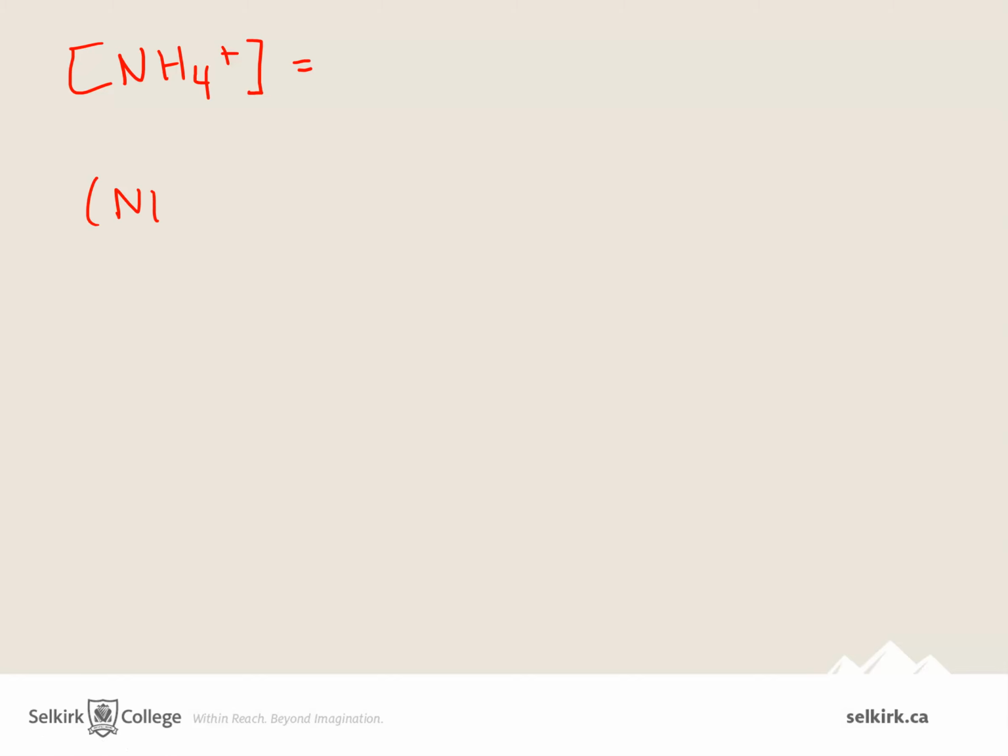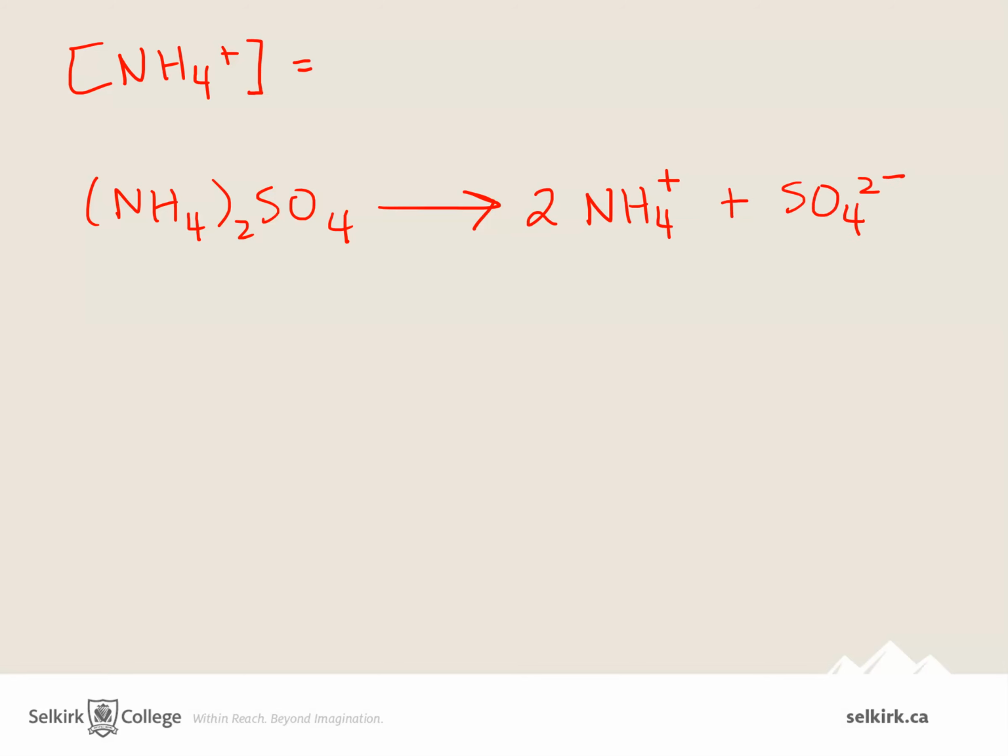Ammonium sulfate, if you check your solubility rules, is soluble in water. So for every formula unit of ammonium sulfate I get, when it dissolves, I end up with 2 ammonium ions in solution. So that's going to give me a conversion factor.